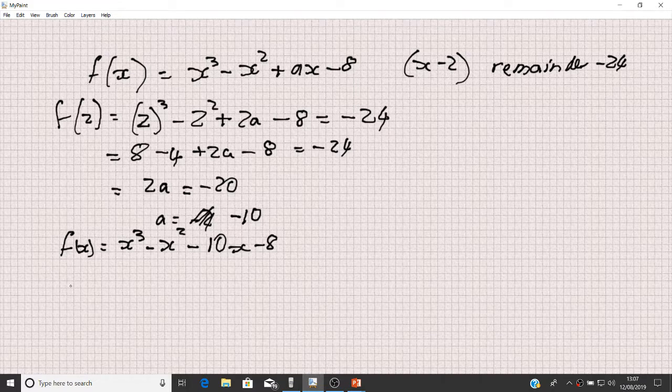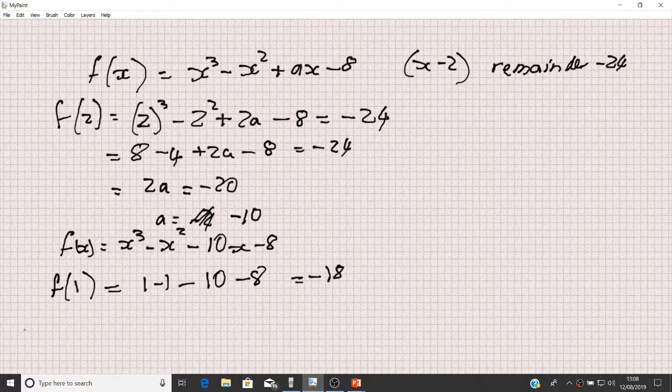So we definitely know x minus 2 is not a factor, but let's take a look at f of positive 1 and see how we get on there. So f of positive 1 is 1 minus 1 minus 10 minus 8. So that's not going to give us a solution. Negative 18.